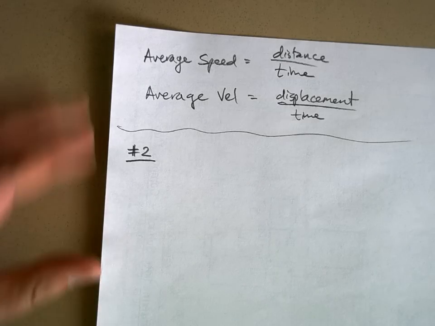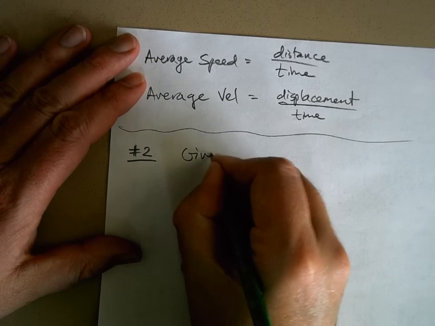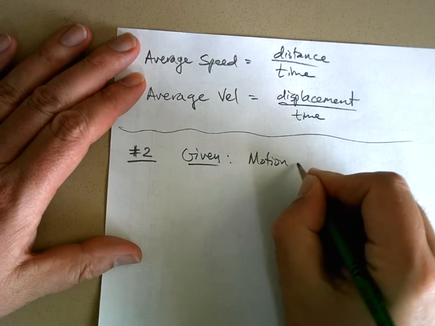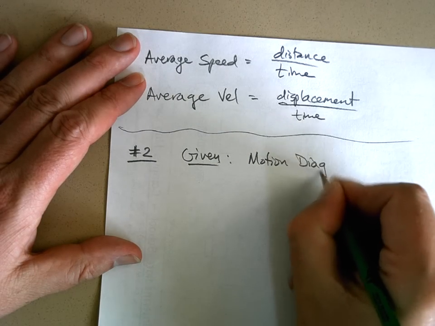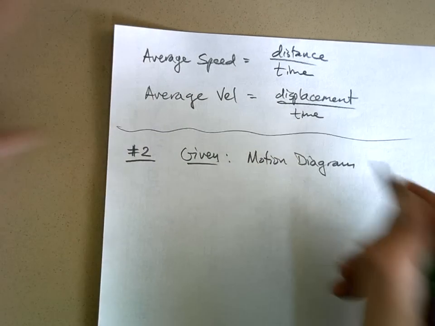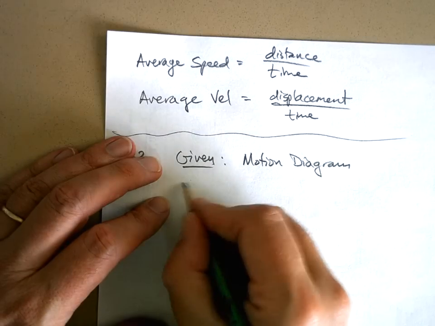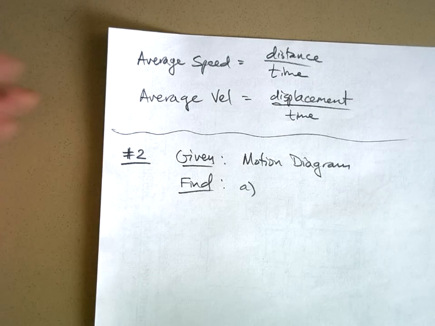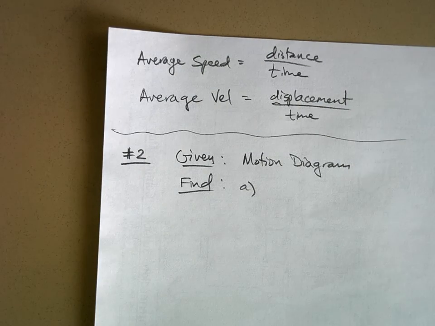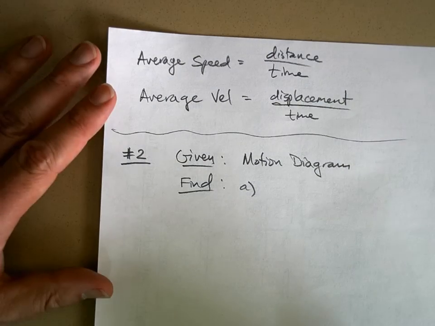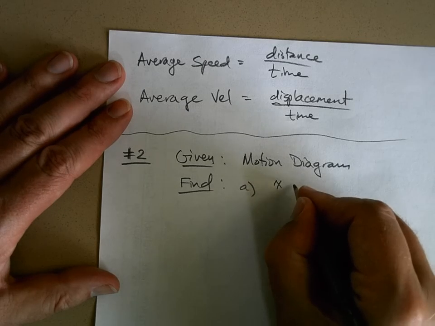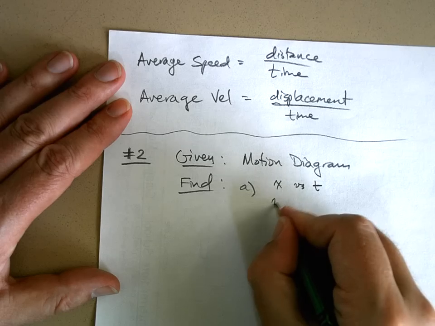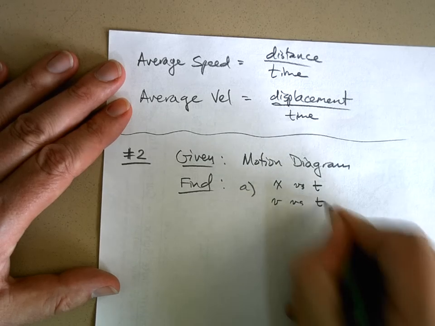So given a motion diagram, and then what you're going to have to find, well, in part A, you're going to need to draw the position versus time graph and the velocity versus time graph. And this is going to be quantitative.